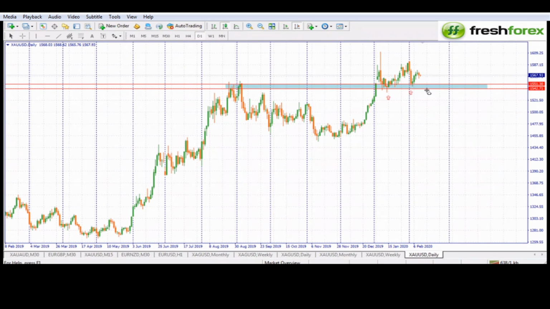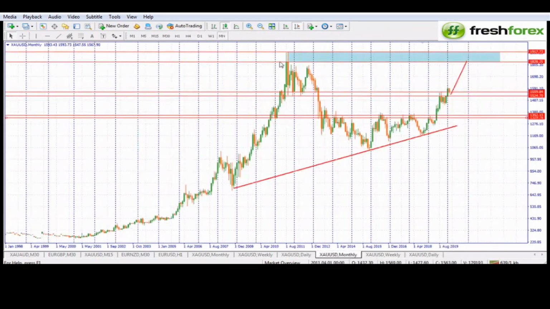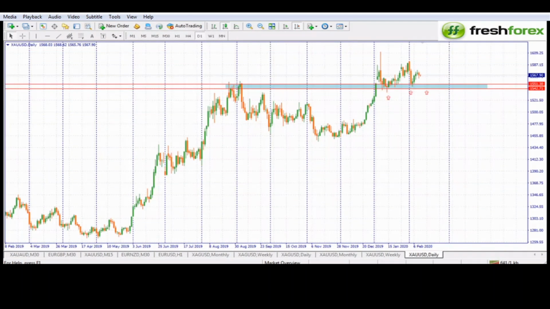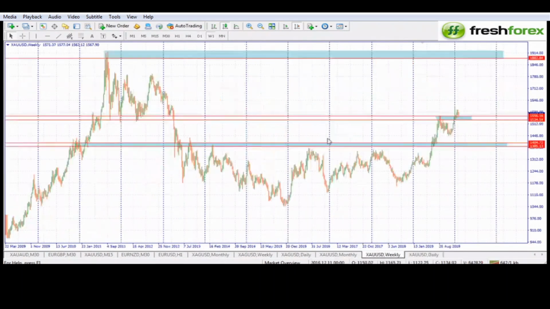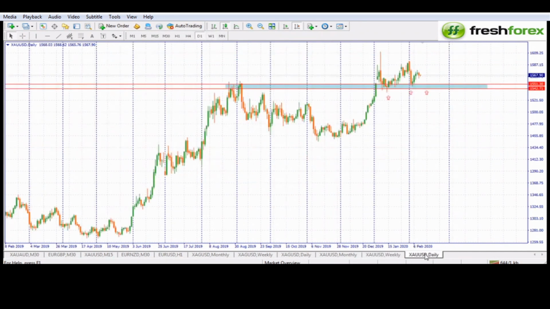Overall, we are going to be picking trades on the 1 hour based on this level, but our take profit is based on the weekly, which is at the top. So looking for clear buy signals, expect price to go up to the resistance which I mentioned here, 1582. That should be the expected buy on silver.